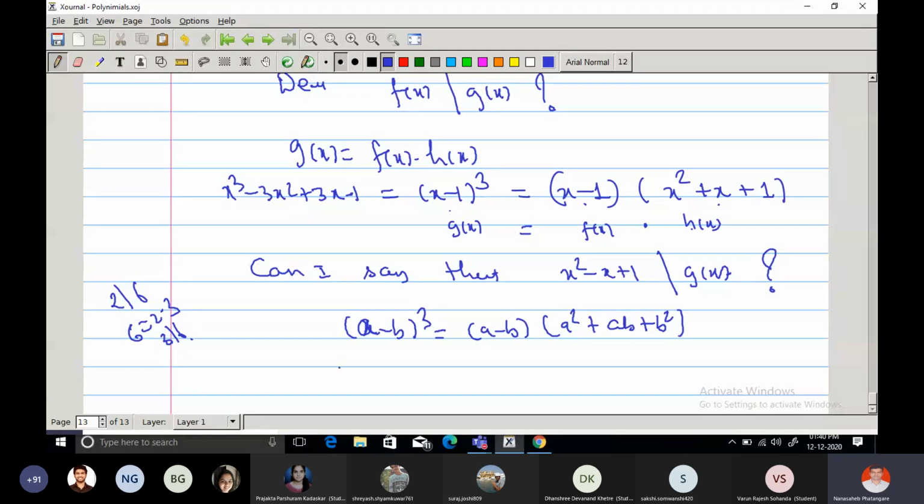So if this identity is true, then this is true. Excuse me, sir. Isn't this the identity of a cube minus b cube? Yes, sir. Oh, it is a cube minus b cube. So this is not true.